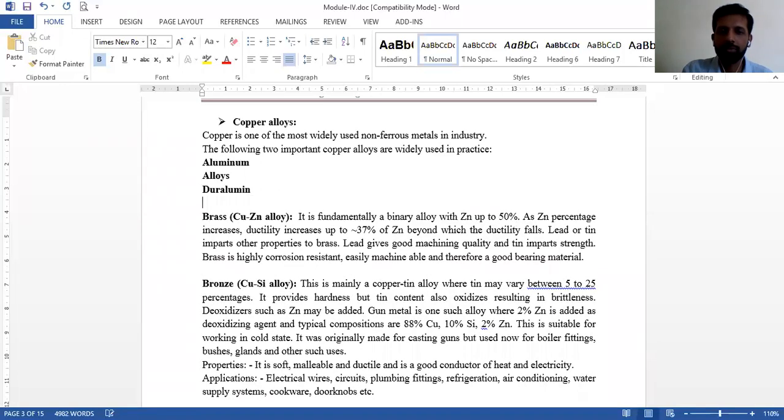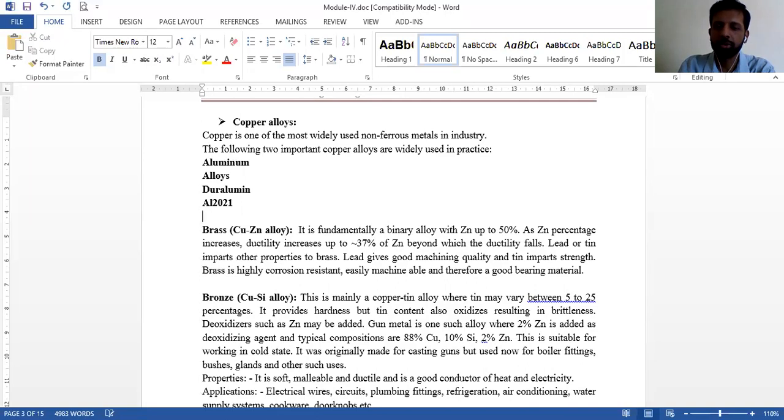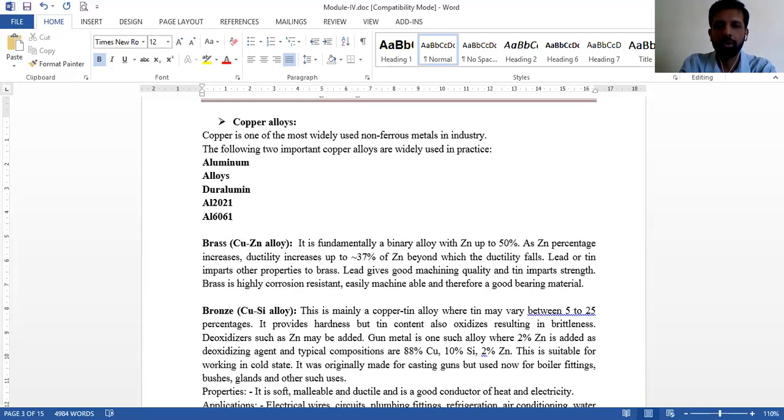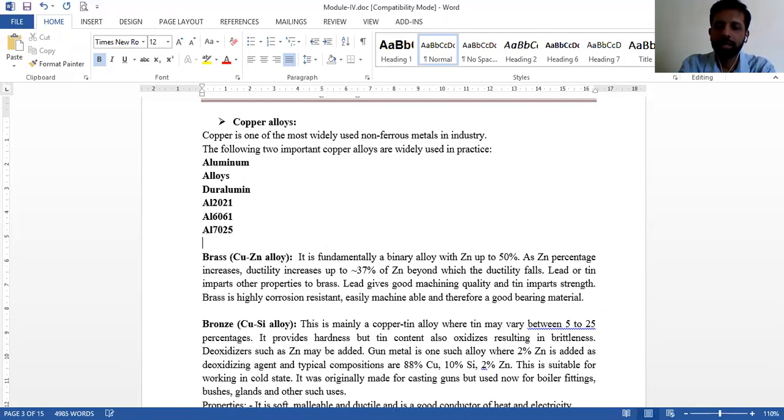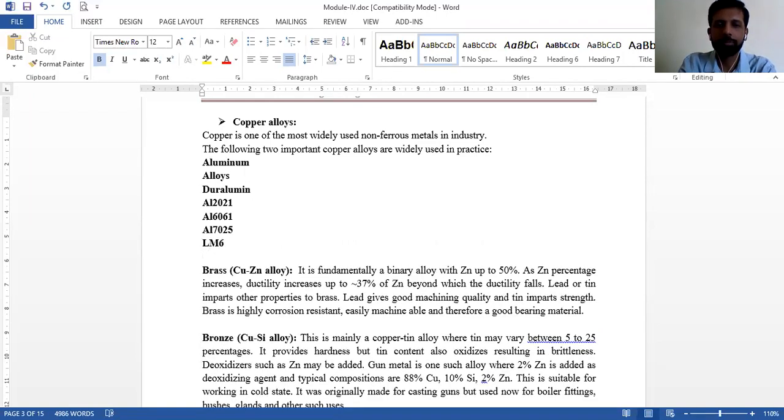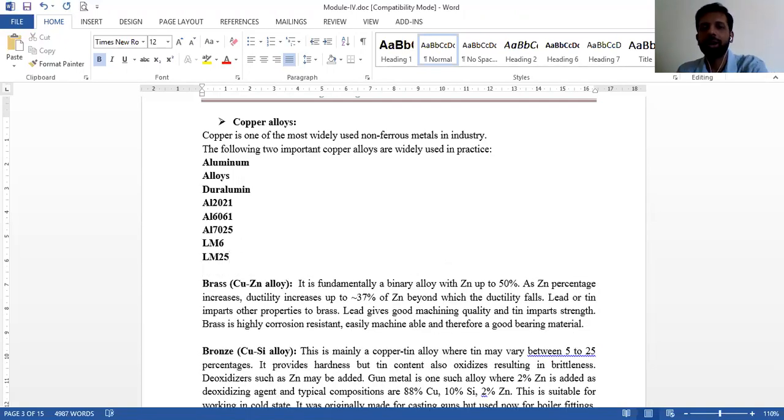Similarly, we have so many other aluminium alloys, like aluminium 2021, then aluminium 6061, then we have several series of aluminium, then aluminium 7025. Then there are other standards where we have LM6, that is light metal series 6, then we have LM25. All these are alloys of aluminium.